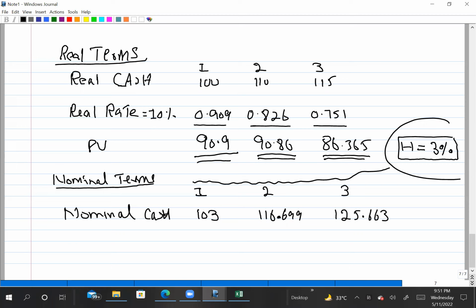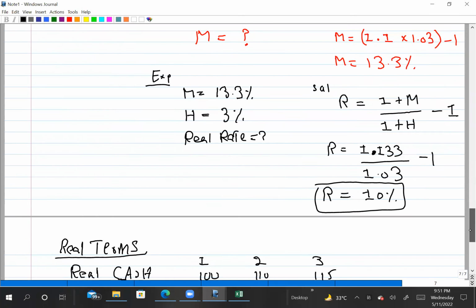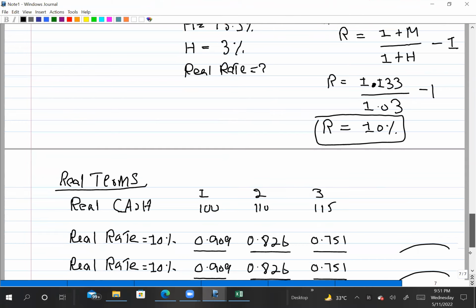And if we have nominal cash flows, which rate of return will be used as a discount factor? Real rate of return or nominal rate of return? Nominal.